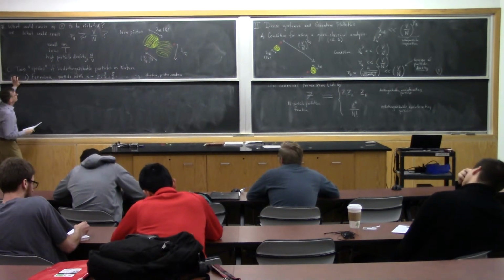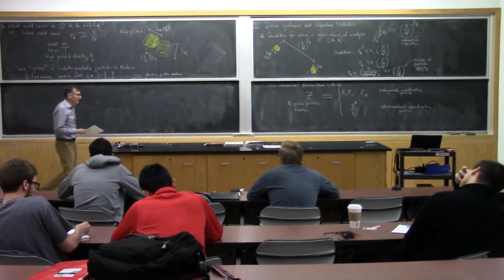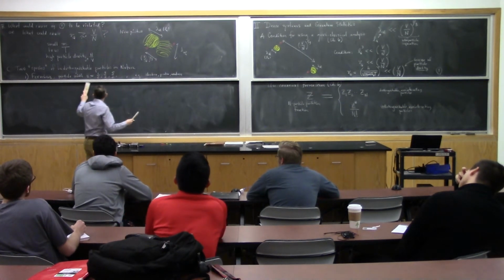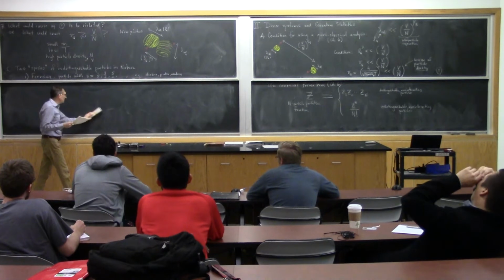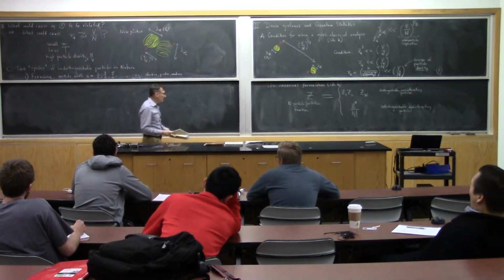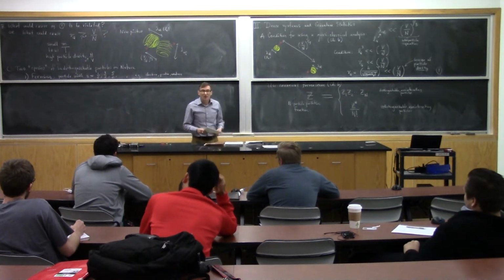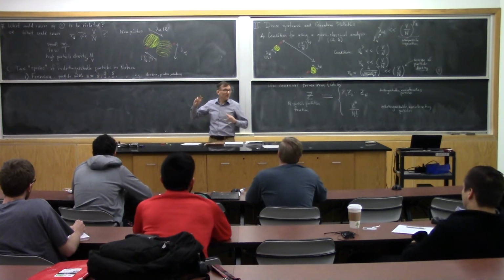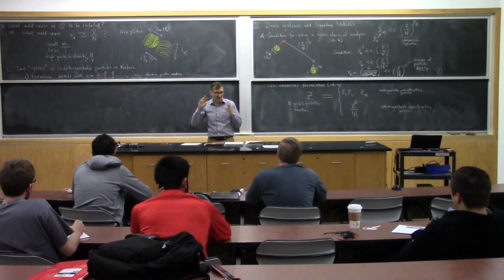What is the hallmark of a fermion? The hallmark of a fermion is that when you write down the wave function describing a system of two or more identical fermions, the wave function must be anti-symmetric with respect to particle label exchange.